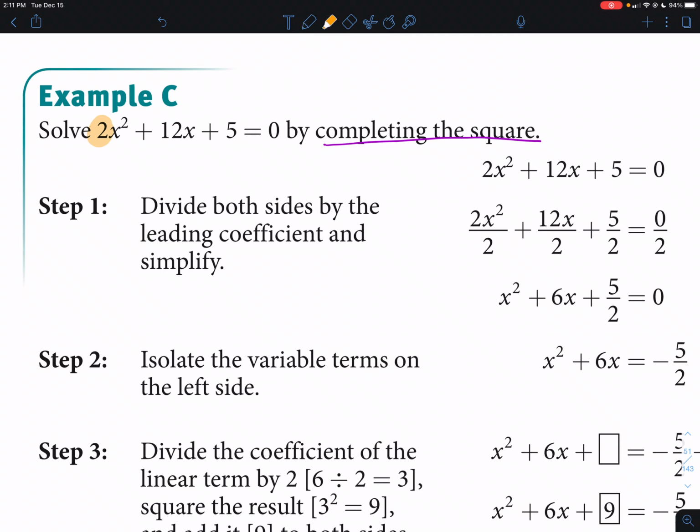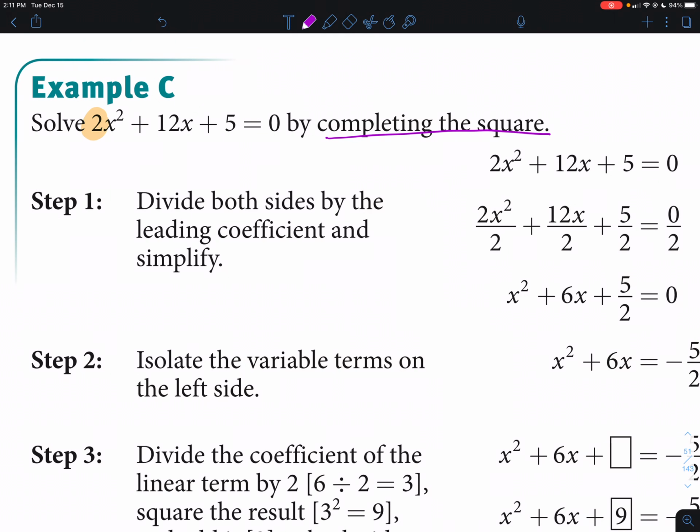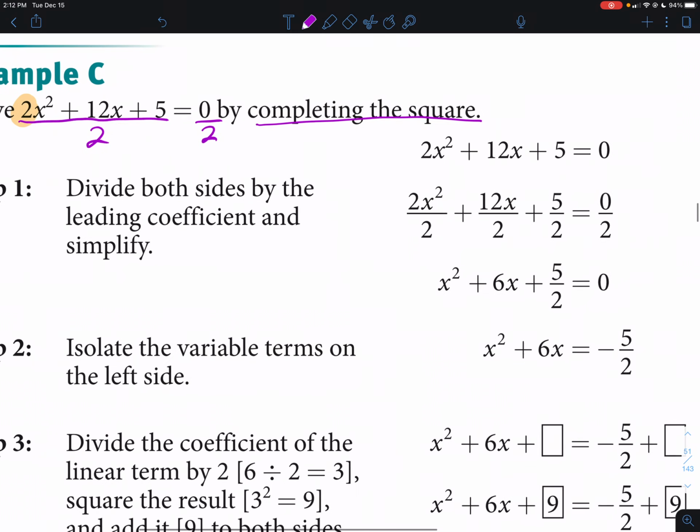You do have a leading coefficient of 2, and it's kind of like a GCF, except we're not just factoring it, we're solving. So we can actually divide both sides by 2 and essentially cancel it out. And that's what they do here.